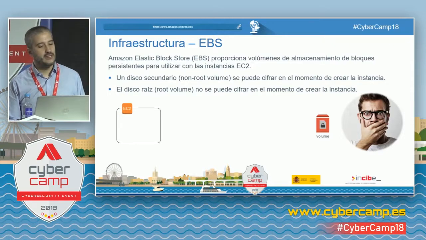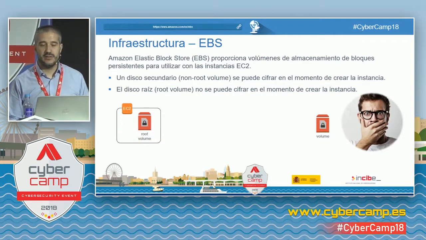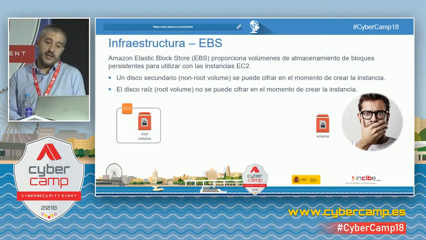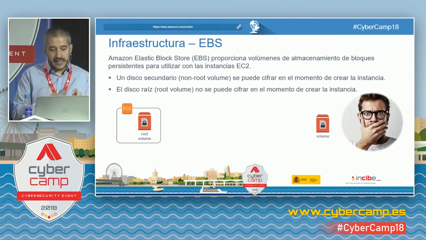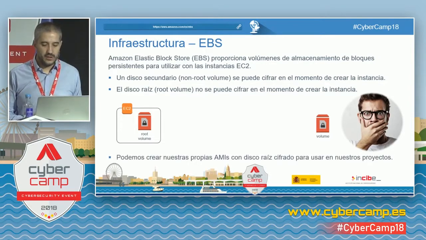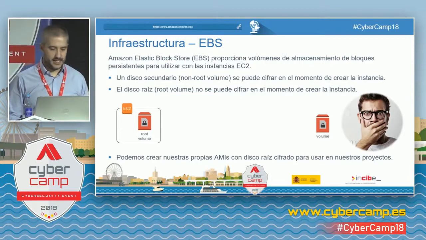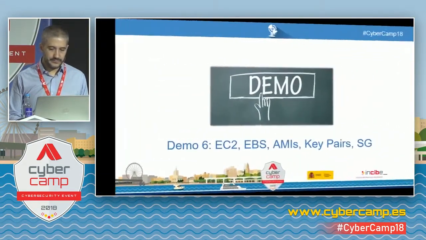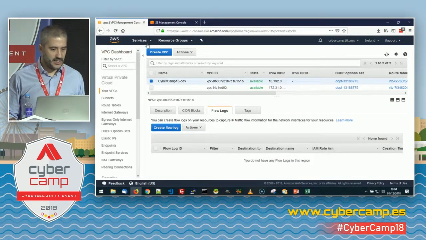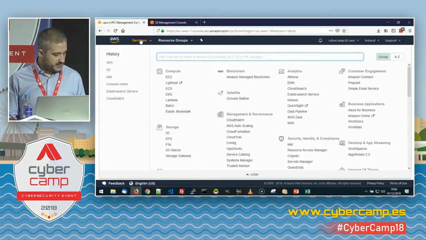You remove the root unit that you have without encrypting. And then keep going with your new encrypted one, which is a bit of a pain in the neck. You do your AMI. And then after that, you can go live with the rest of the machines you use. Let me just show you an example of how that works.